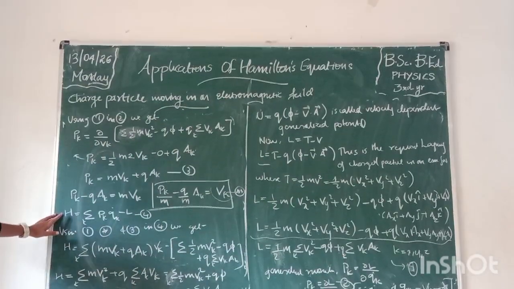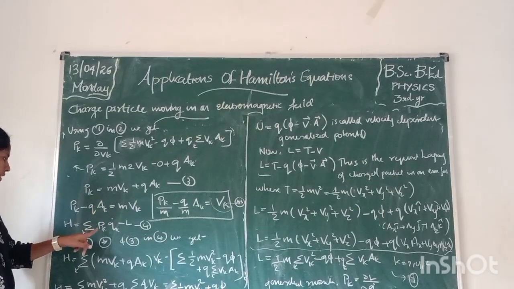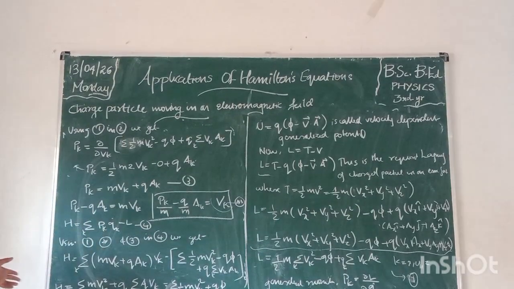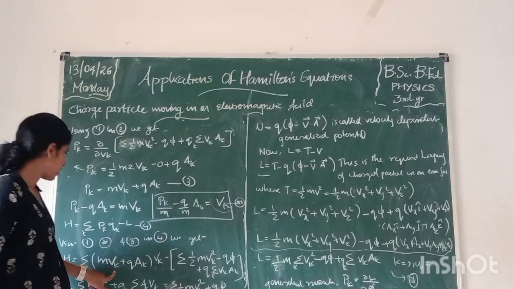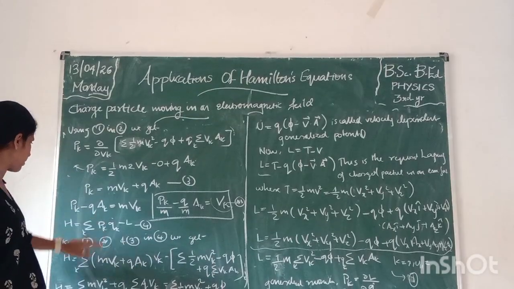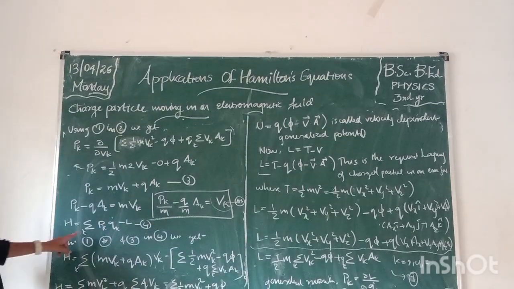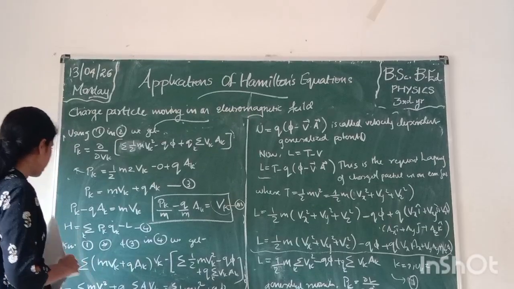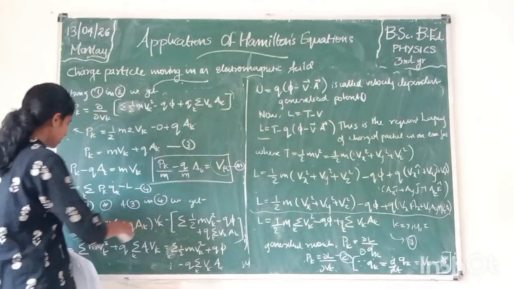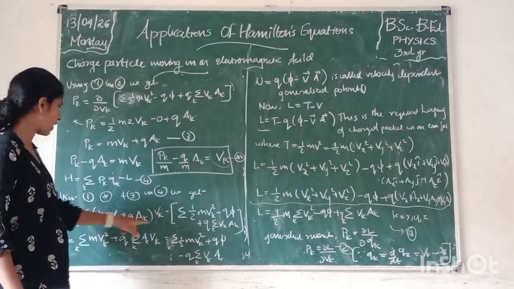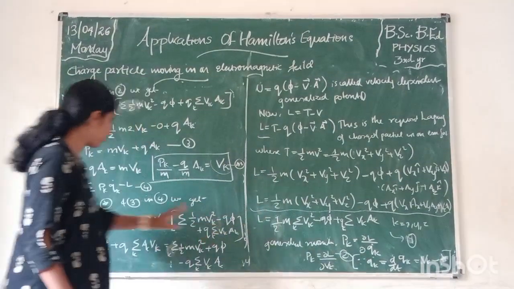And H is equal to the summation of k, pk qk dot minus L. Instead of that pk, what we want to give is H is equal to pk qk dot. So we got H is equal to summation of pk qk dot minus L. L is here, that term is substituted.